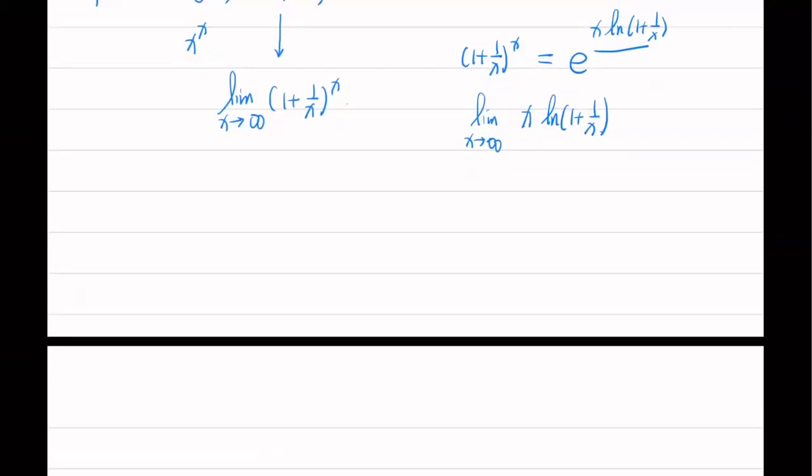What's the type? Let's go to infinity. What about this? This goes to 1. Logarithm of 1 is 0. So this is the infinity times 0 type.